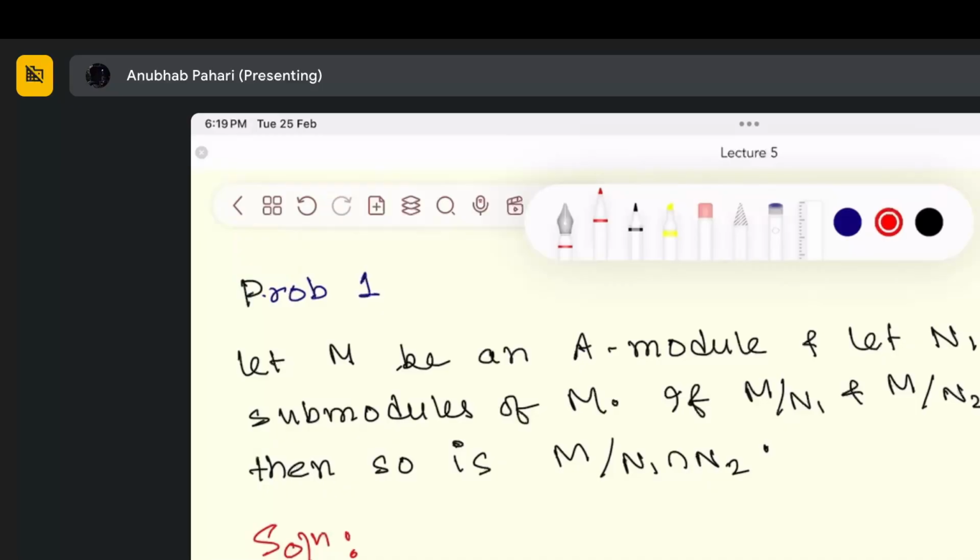Here this is the inclusion map and this is the pi map.